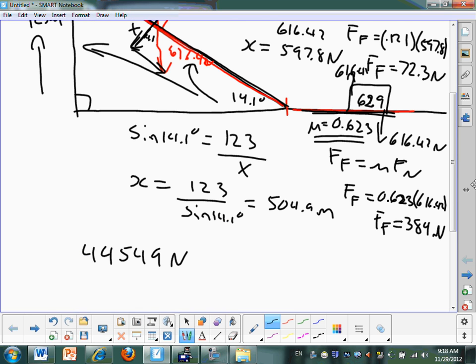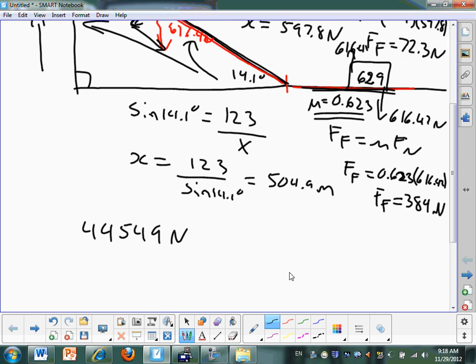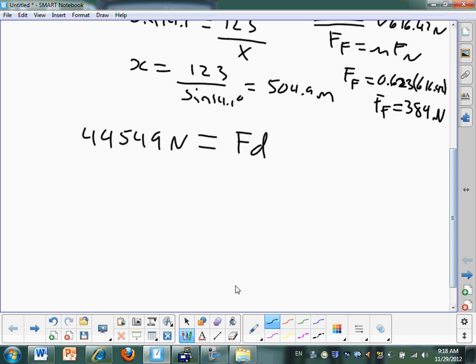Now, what is stopping the skier at the bottom? All his energy is being used up by the work being done against him. The work being done against the skier is force times distance. We have just calculated the force. So how far would it take him to stop, or how far would it take him to use up all of that energy?